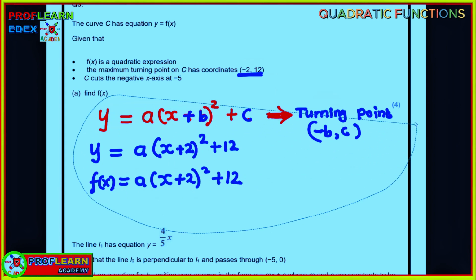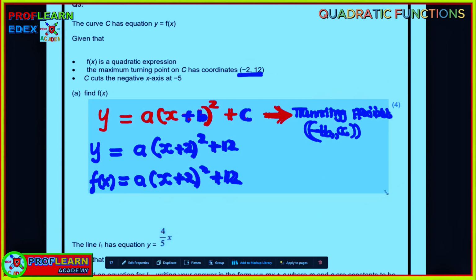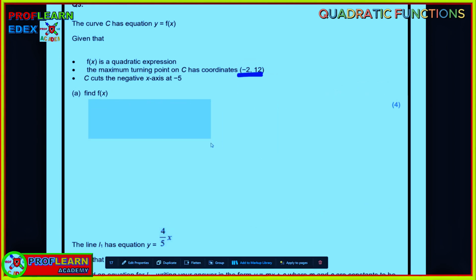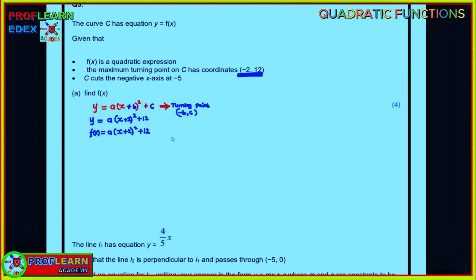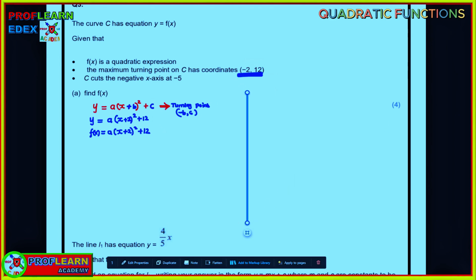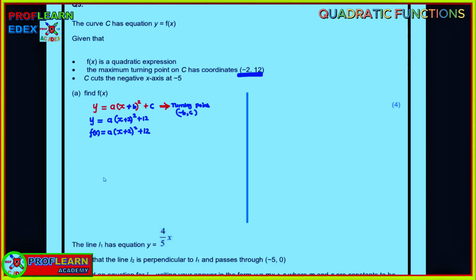Because the space is not enough, I can move that a little bit so that we can have enough room to continue. Now, if we are to sketch this, we have been told that this graph has a turning point.